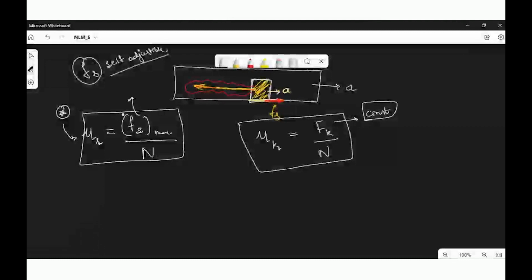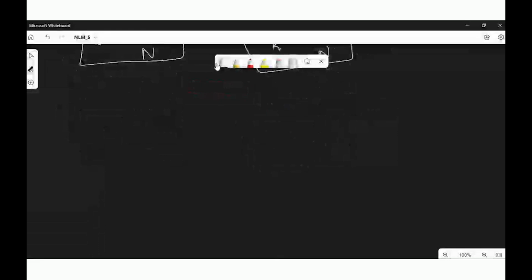Now, there are 2-3 terms we define. The first one is angle of repose. In other words, it becomes easy to understand as angle of sliding.